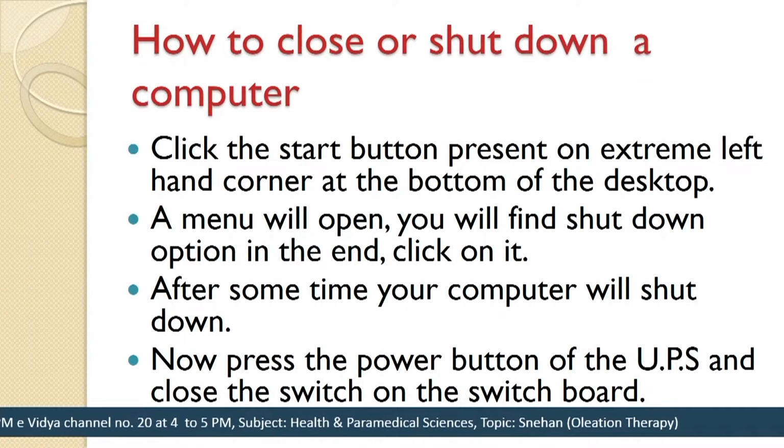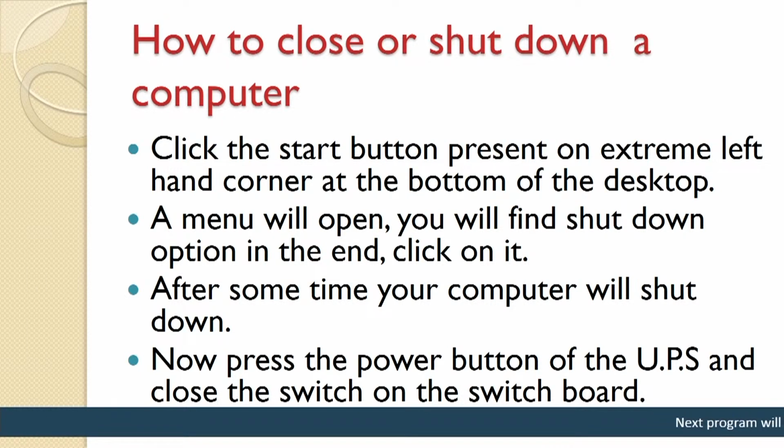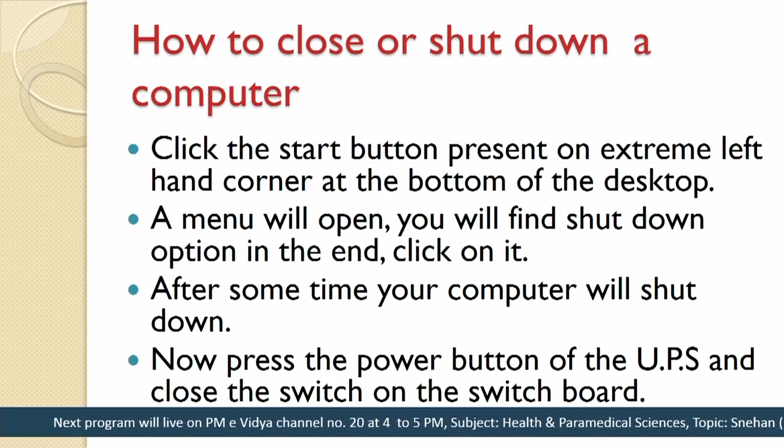Next comes how to close or shut down a computer. When you want to shut down a computer, click the start button present at the extreme left-hand corner at the bottom of your desktop, and a menu will open where you will find a shutdown option to end it.